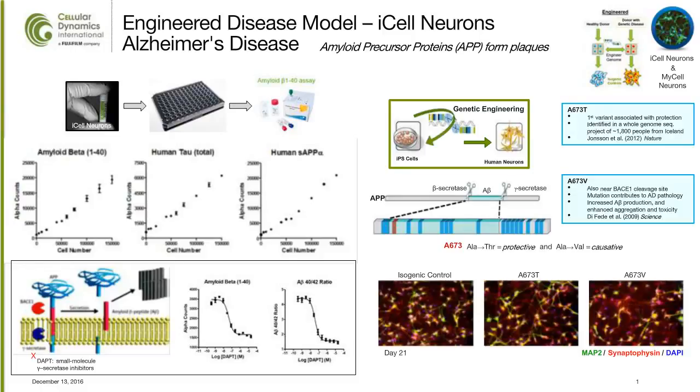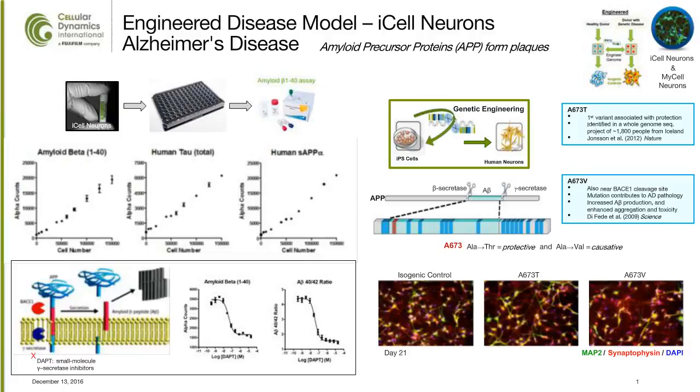We've generated multiple lines here at CDI that have interesting effects as far as Alzheimer's disease goes. Through research in a 2012 Nature publication, there were 2 variants at the 673 location of the APP protein, and 2 different mutations: an alanine to a threonine can be protective, or conversely, the A673V is causative.